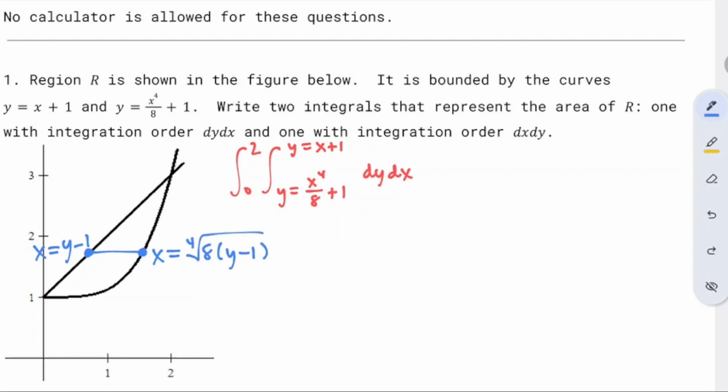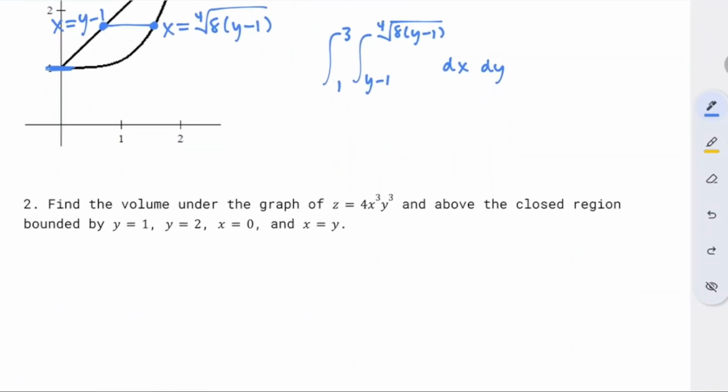It's going to be the positive fourth root because we're over here in the first quadrant where x is positive, and that would become my upper bound of integration. So x equals y minus 1 to x equals the fourth root of 8 times y minus 1. And then those were x coordinates, so dx, and then dy. If I think about my y's, I'm going from 1 to 3, and there we go. Those are two different integrals that represent the area of R.